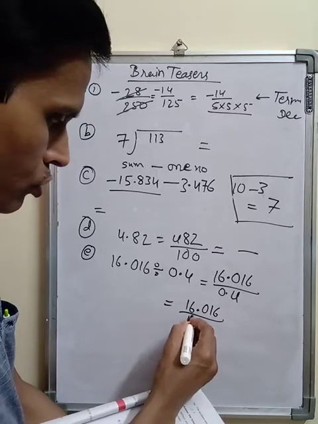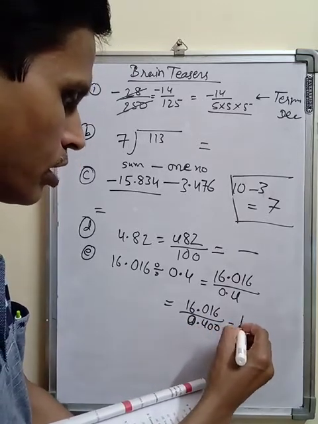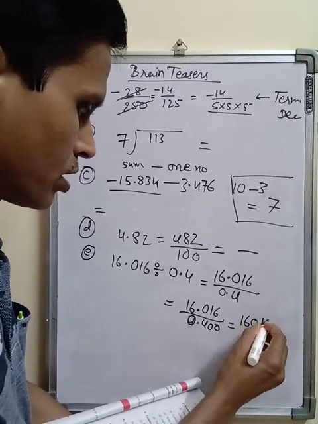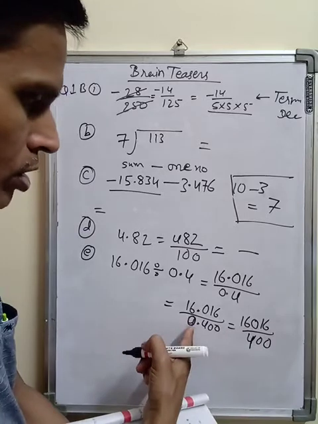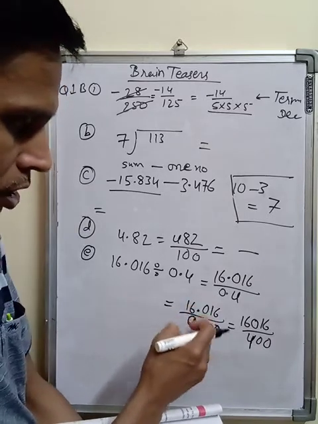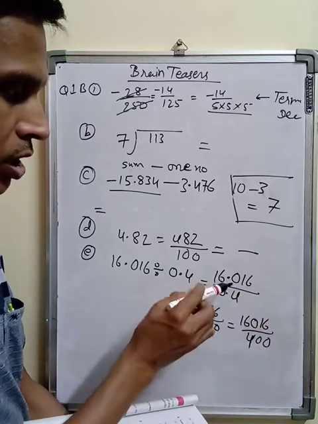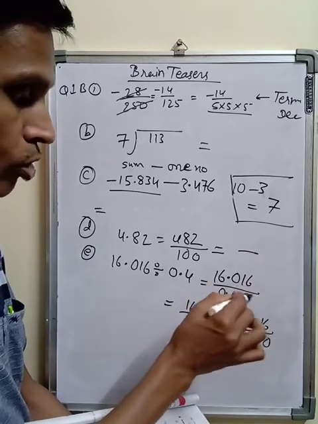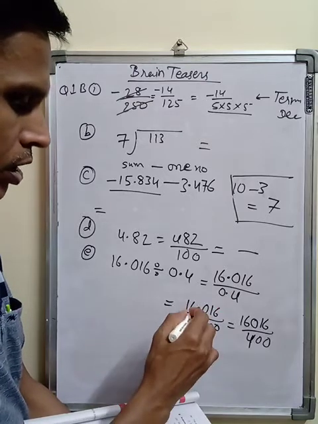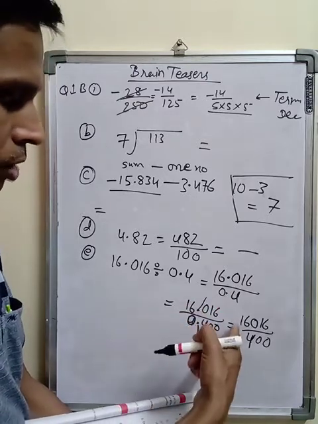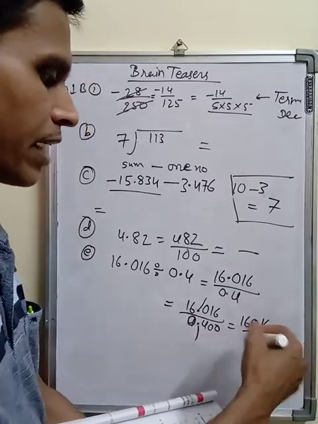Next question, find the value of E: 16.016 divided by 0.4. So we will convert this to 16.016 upon 0.4. How can we remove this decimal? By making like terms. So it will become 16.016 upon 0.400.